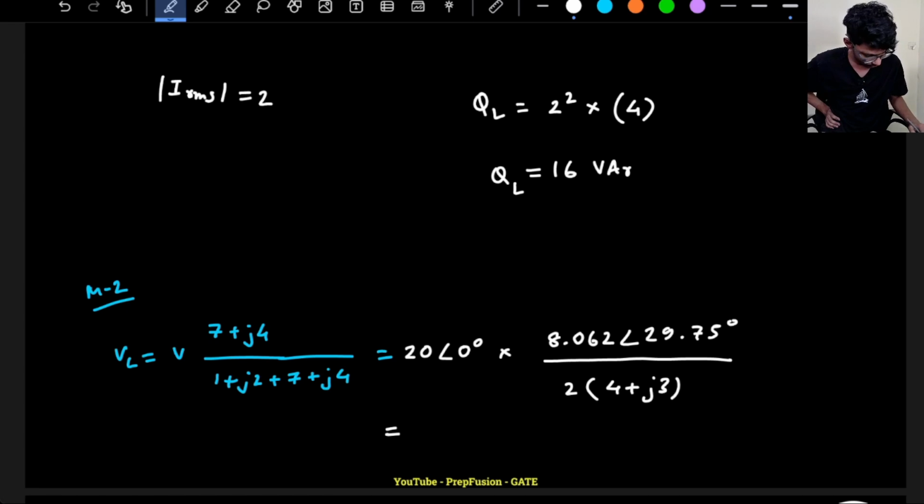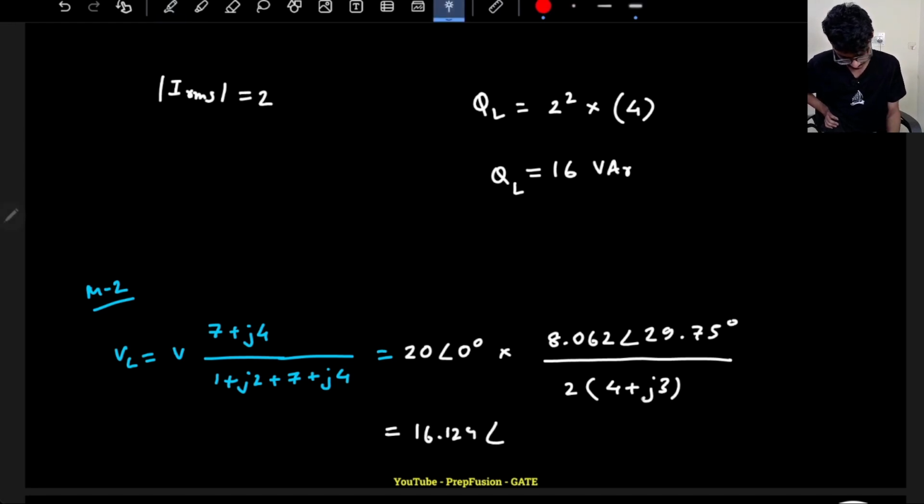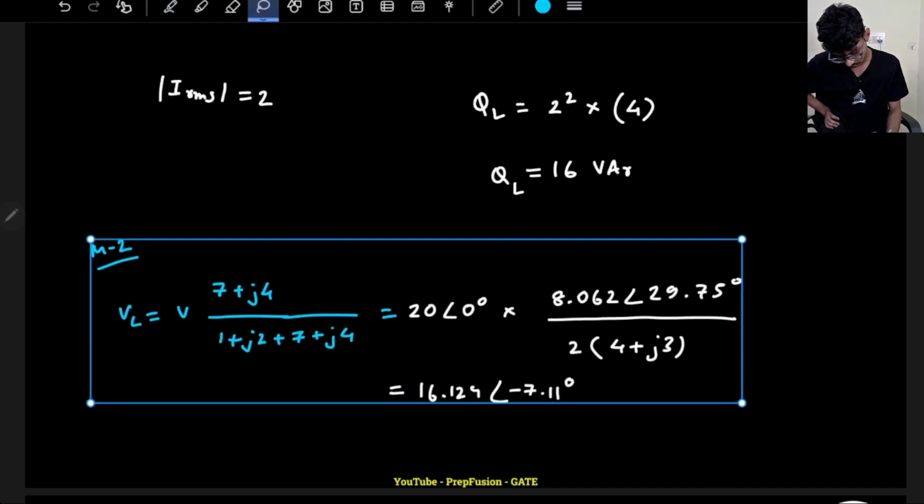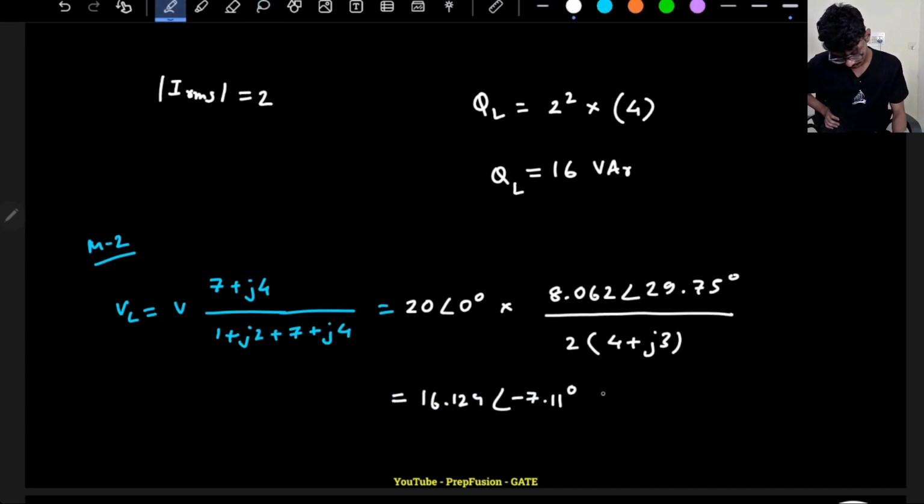So 10 into 8.062 divided by the magnitude 5 comes out to be 16.124. And what is the angle? Angle will be 29.75 minus 36.86. So this value will be minus 7.11 degrees volts. Okay, this is the load voltage basically.